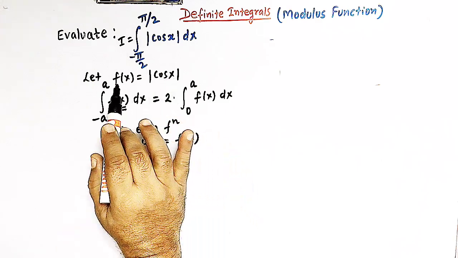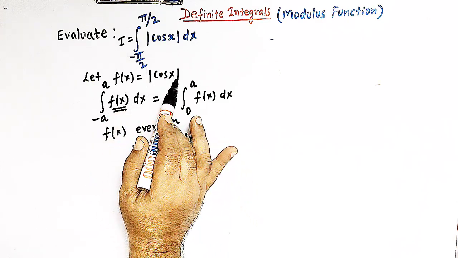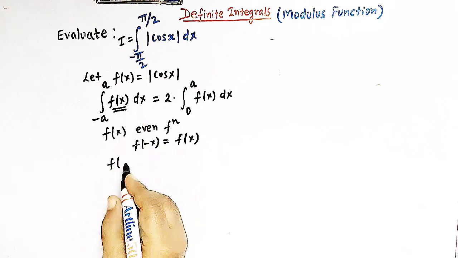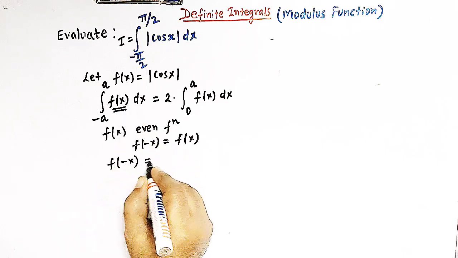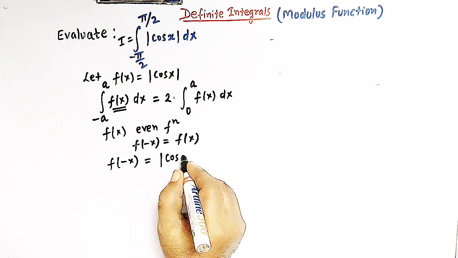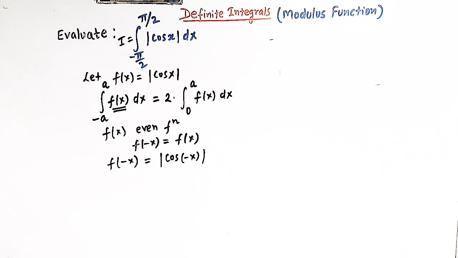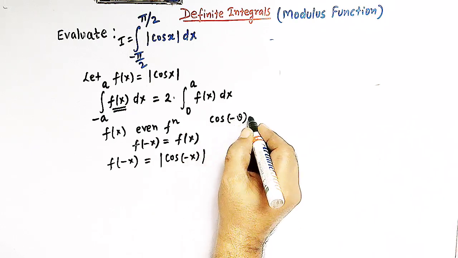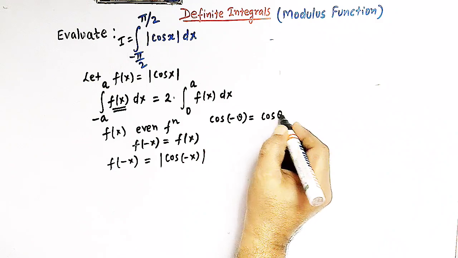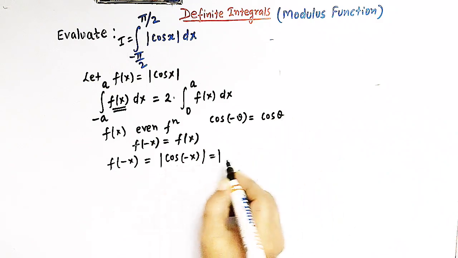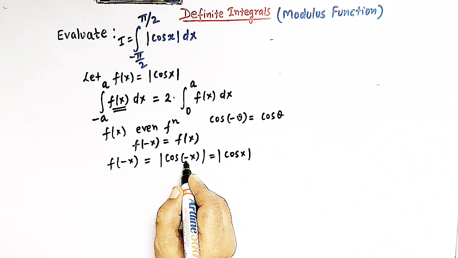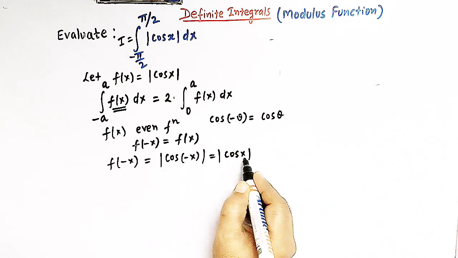So here f of x is equal to mod of cosine x. So if we replace x by minus x, then we have mod of cos of minus x. Now from trigonometry, we know that cos of minus theta is equal to cosine theta. So here we have mod of simply cos of x, because cos of minus x is equal to cos of x.